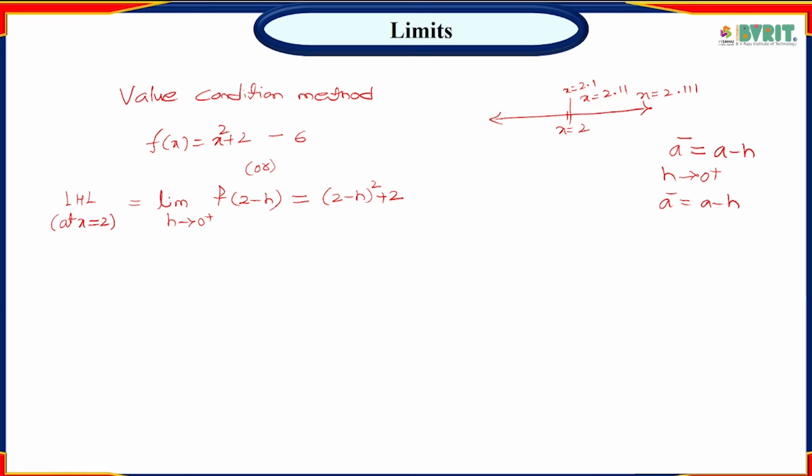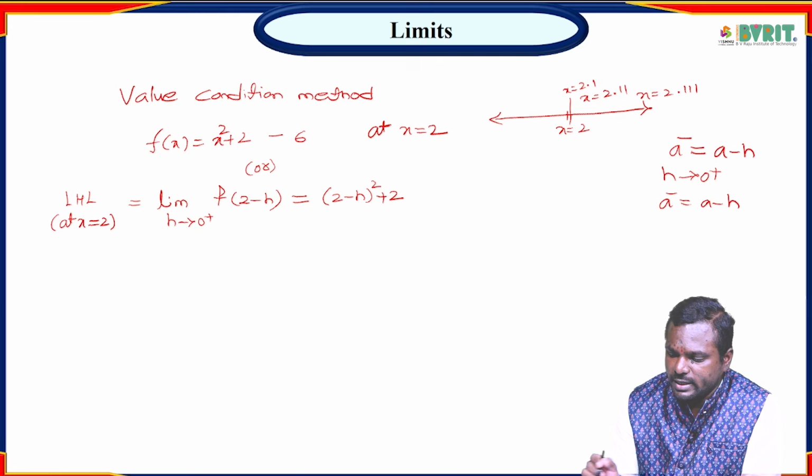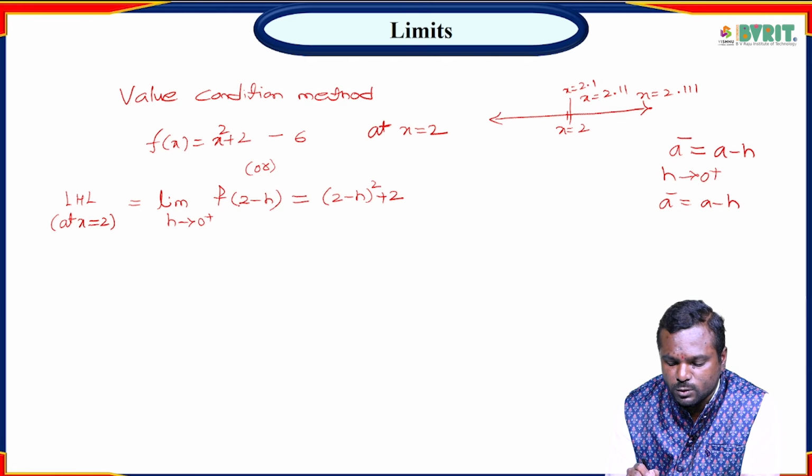So we are applying that formula here. The left hand limit at x is equal to 2, limit h tends to 0 plus f of 2 minus h, because here the limit exists at x is equal to 2. So here a is nothing but 2. That's why f of 2 minus h.